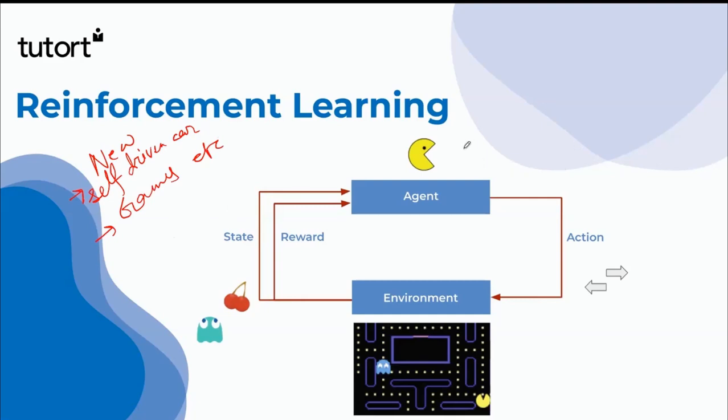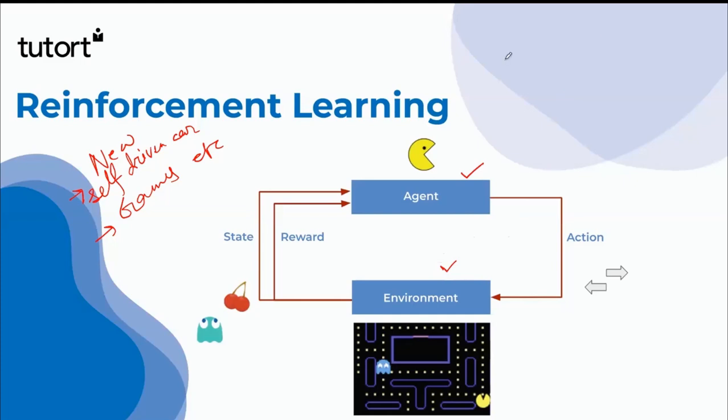In reinforcement learning, there are basically two components. The first one is the agent and the second one is the environment. The agent will explore the environment in order to achieve some desired output.